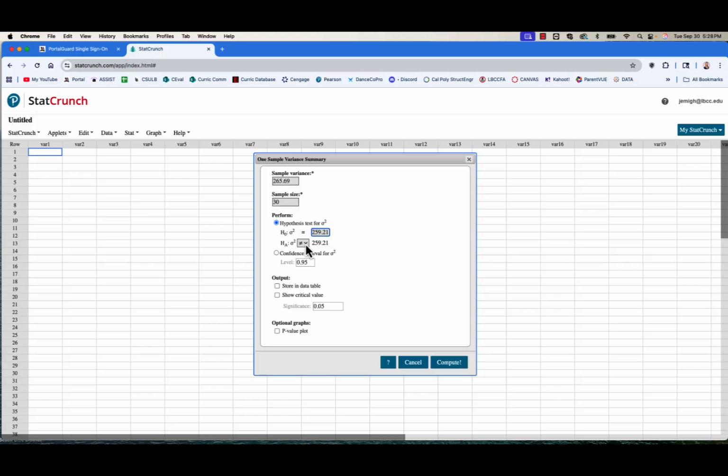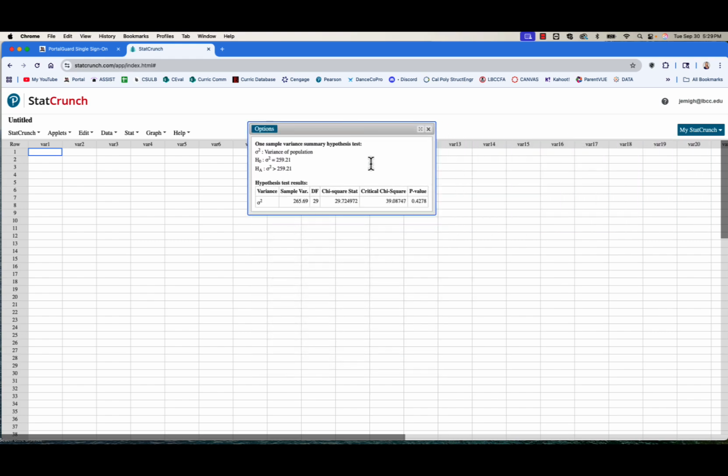Changing the alternative hypothesis symbol, the teacher claimed that the standard deviation was greater for the boy students than the girls. Show critical value and change our significance level and compute.